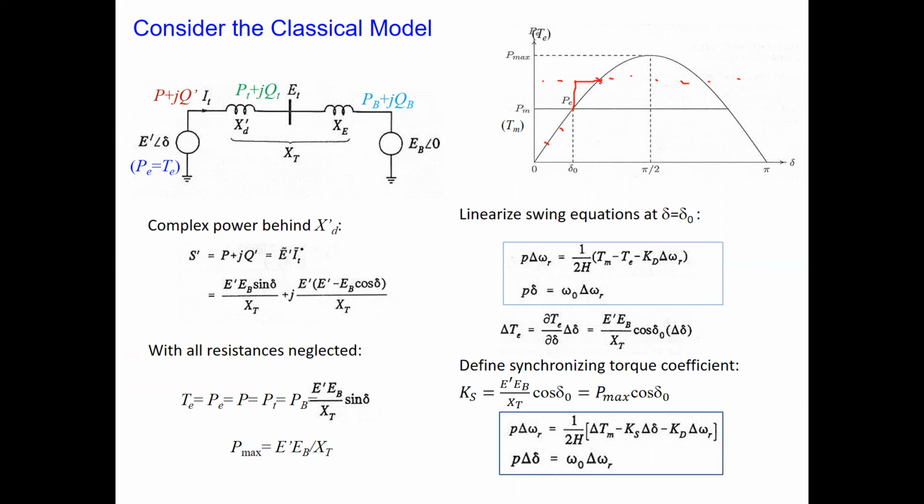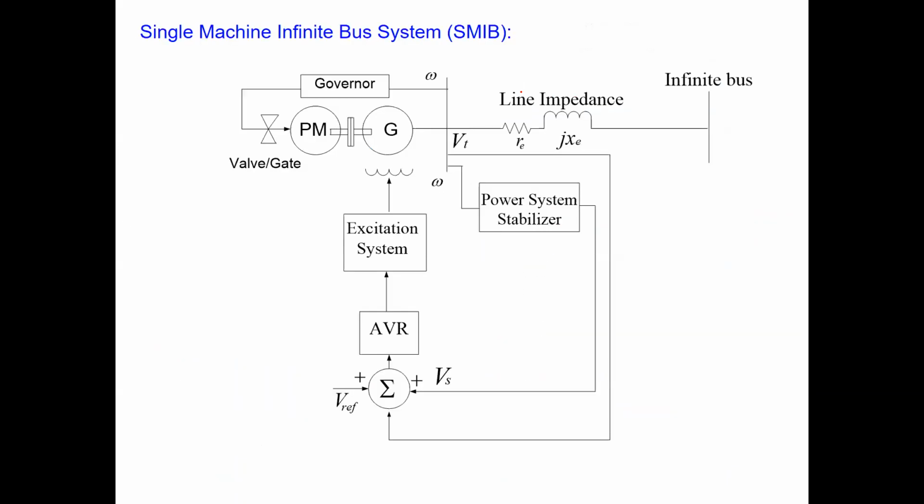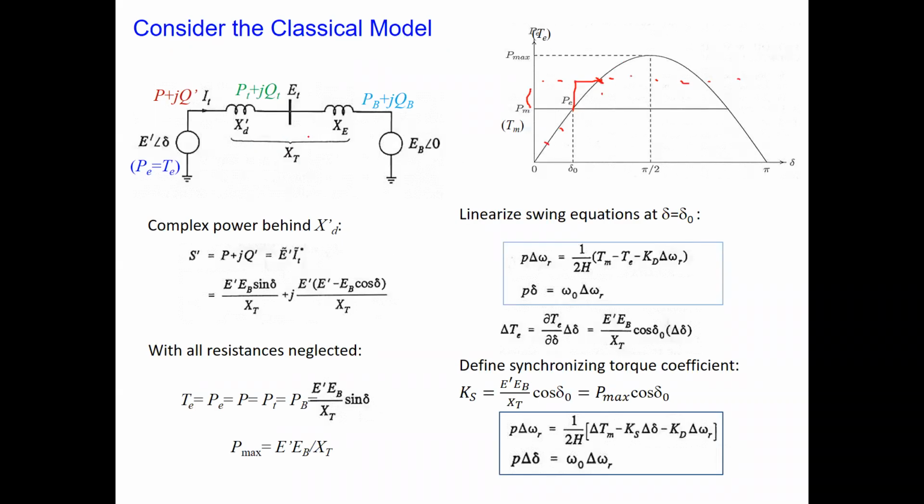So that means for the increase in the turbine power, let's say suddenly you have applied a gate change in the power, right? You have suddenly increased the opening here. Then what will happen? The turbine power will increase.